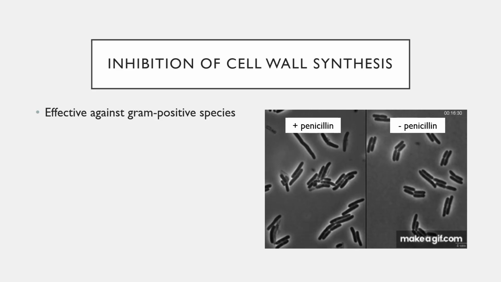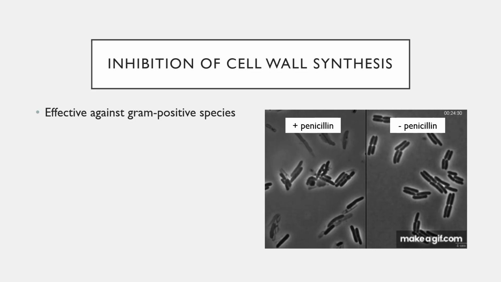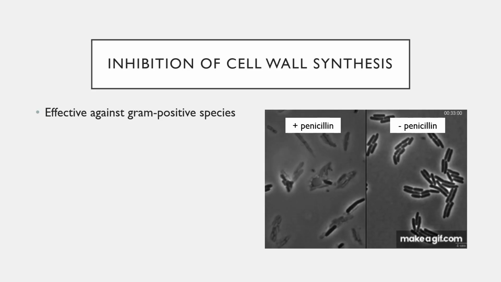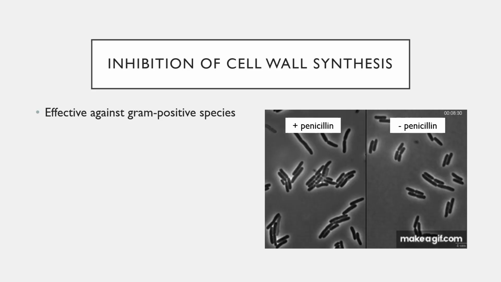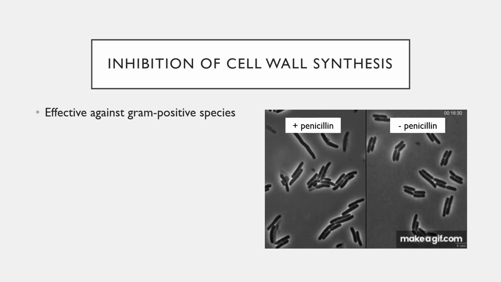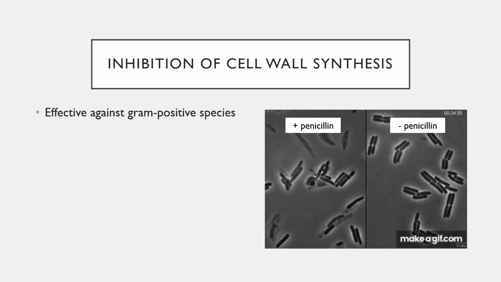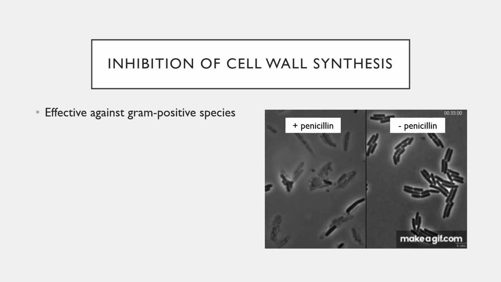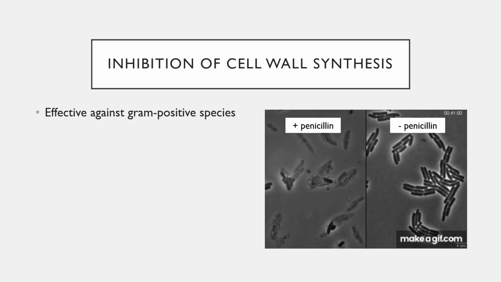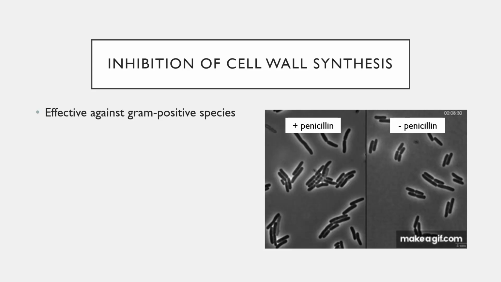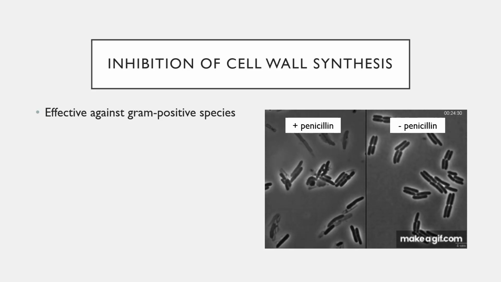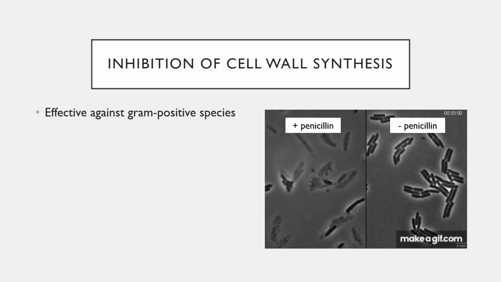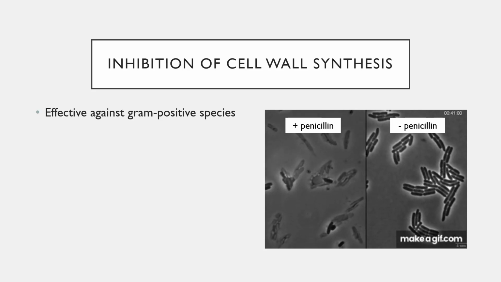These antibiotics are typically effective against gram-positive species, but not gram-negative species because they target the layer of peptidoglycan which sits on the outside of the membrane of gram-positive species. Whereas for gram-negative species, there is only a thin layer of peptidoglycan that is protected in this membrane sandwich. So there are a few different classes of antibiotics that work this way.